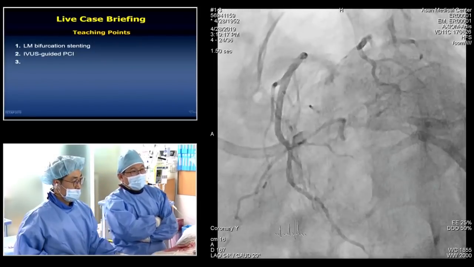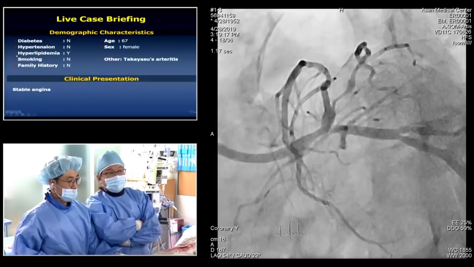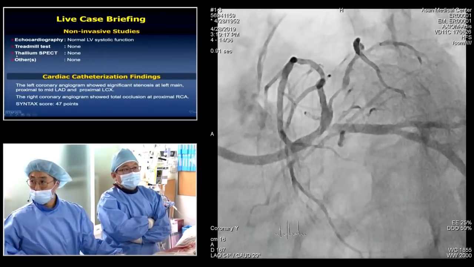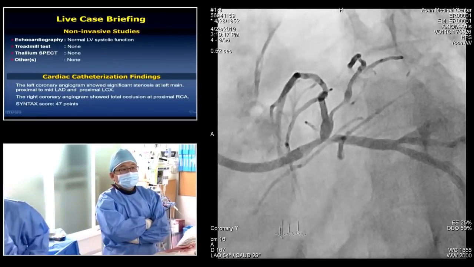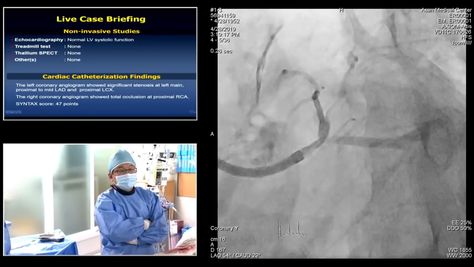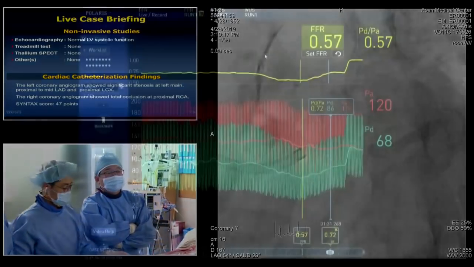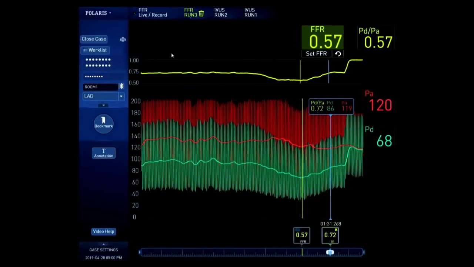So initially we checked the FFR. FFR value in the far distal LAD is 0.75. Just below the left main bifurcation, 0.72, and a gradual step-up occurred at the left main bifurcation.